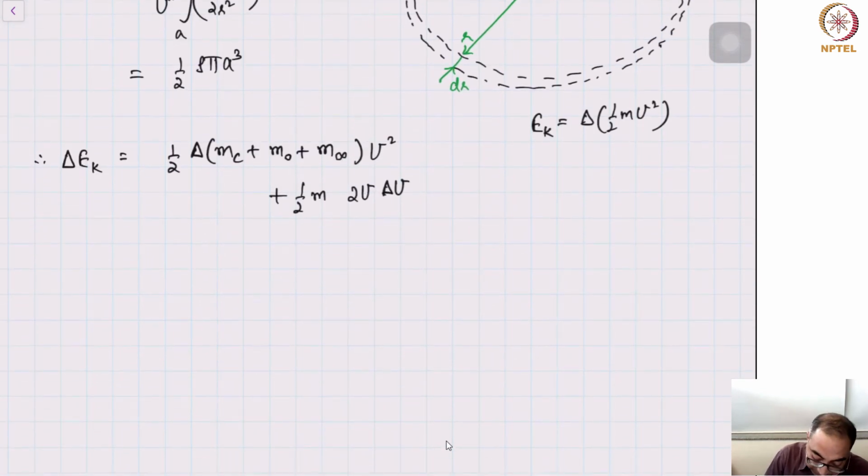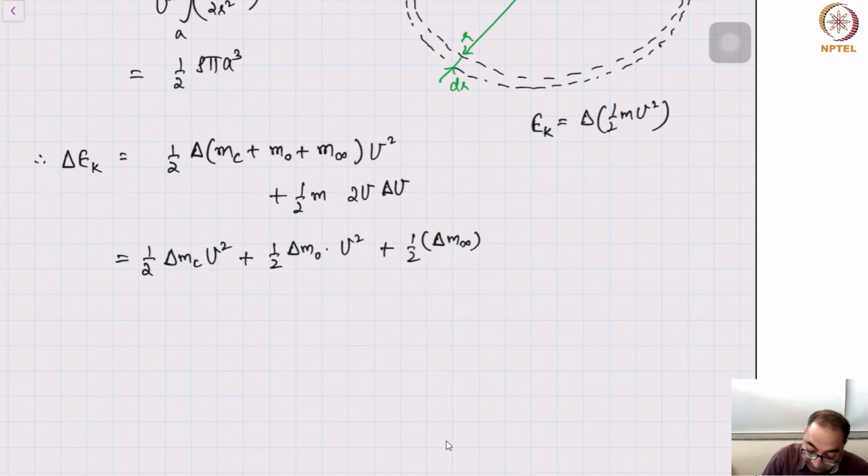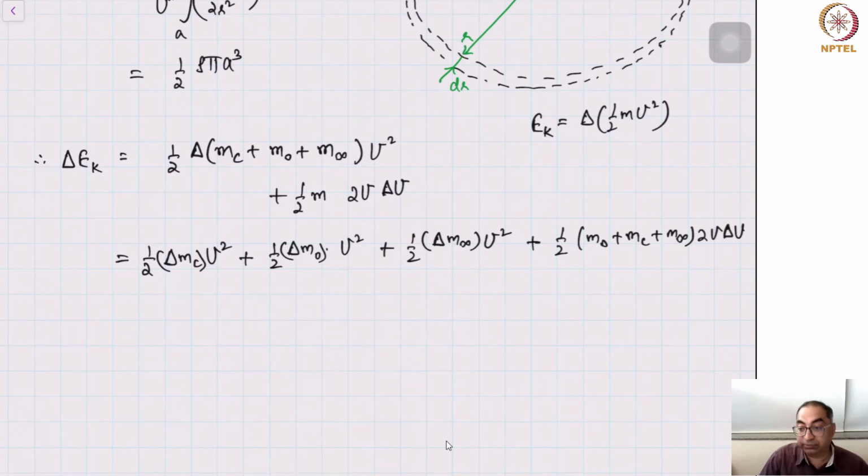Okay, let's substitute each of them. Half delta mc u square plus half delta m naught times u square plus half delta m infinity times u square plus half m naught plus mc plus m infinity of 2u delta u.